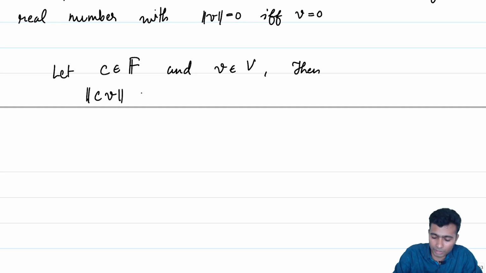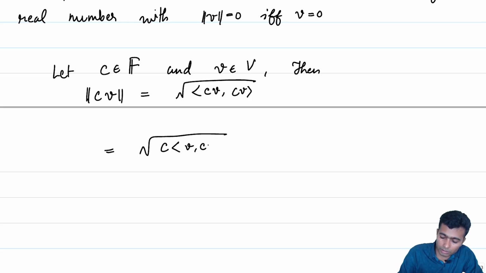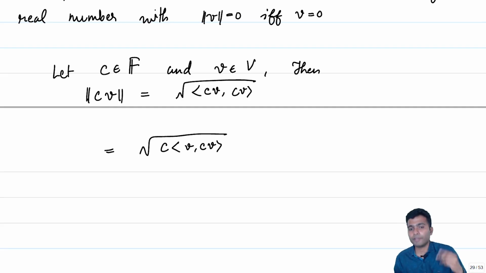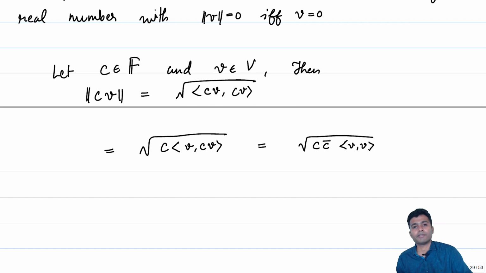The length of Cv is just the square root of the inner product of Cv with Cv. But the linearity in the first argument tells us that this is the square root of C times (v comma Cv). And we have already checked in the last video that the conjugate linearity tells us that this is C bar times (v comma v), the inner product of v with itself.